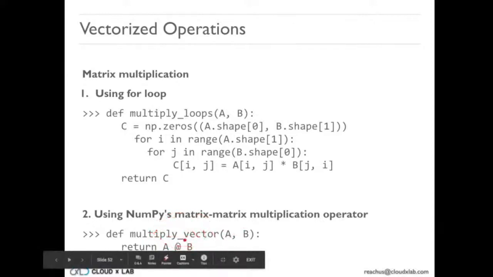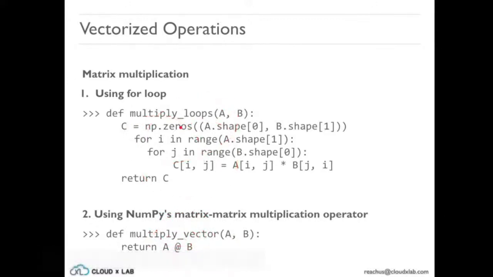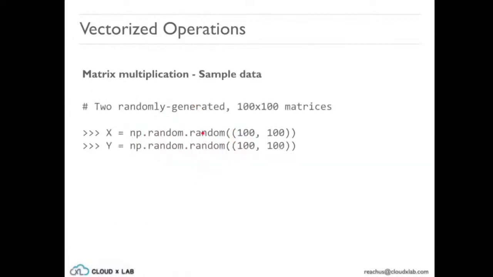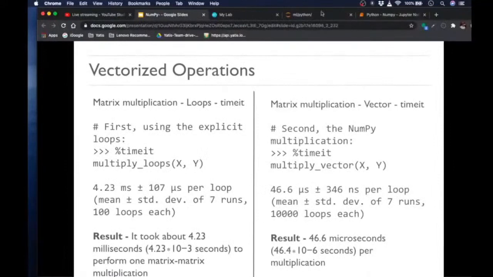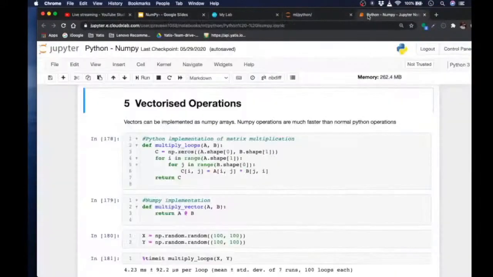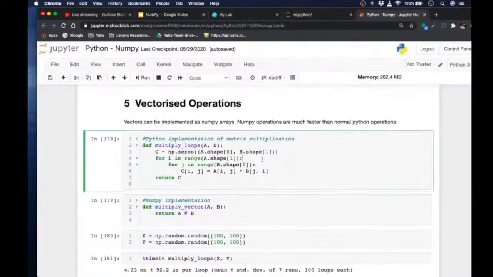We'll call that multiply vector, and here we will implement a normal loop based matrix multiplication. We will operate it on two matrices of size 100 by 100, and we will check how much time it takes. As I mentioned, we are going to do matrix multiplication. This is the normal matrix multiplication code, where we are basically multiplying the rows i, j.